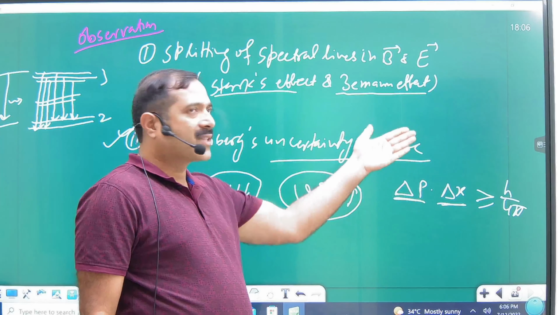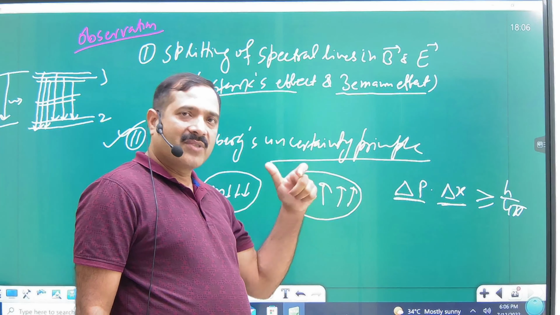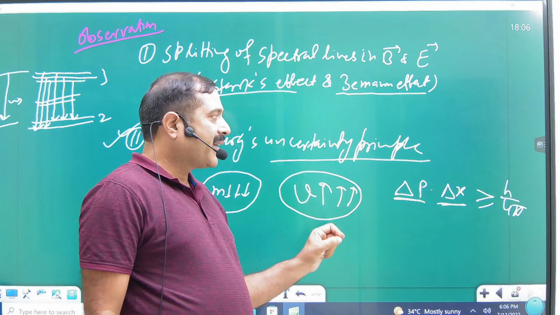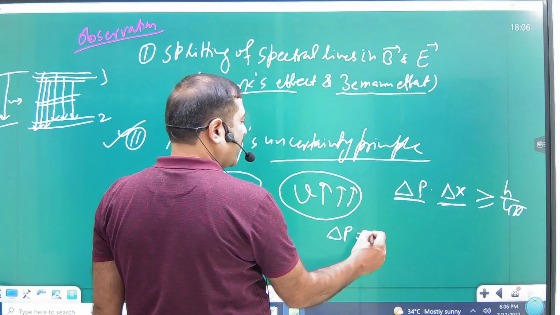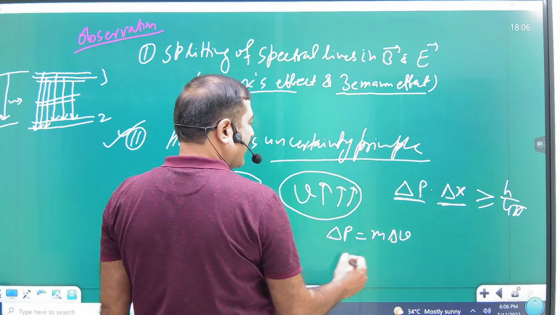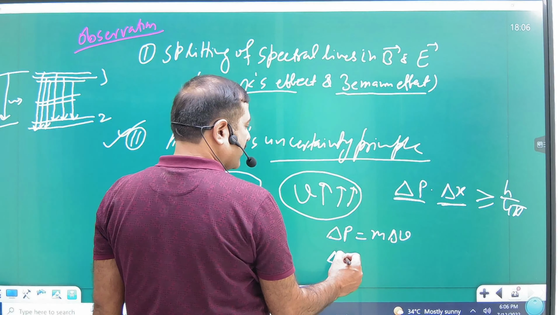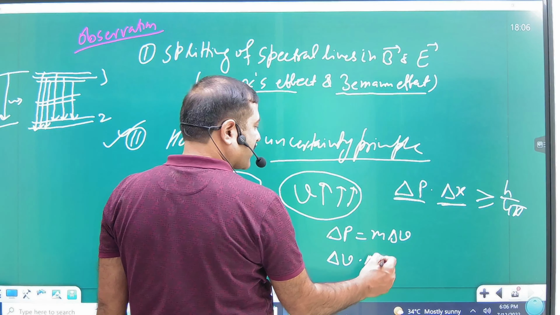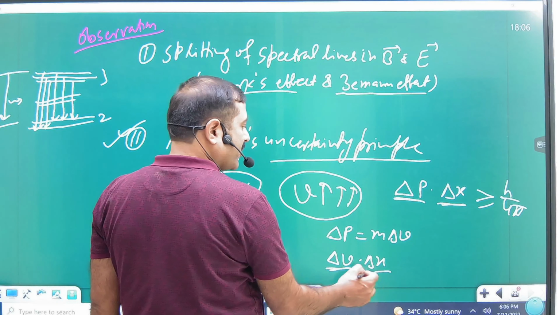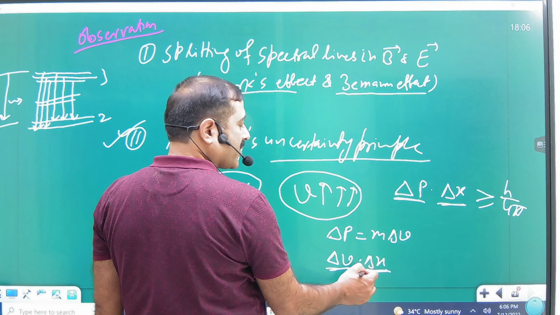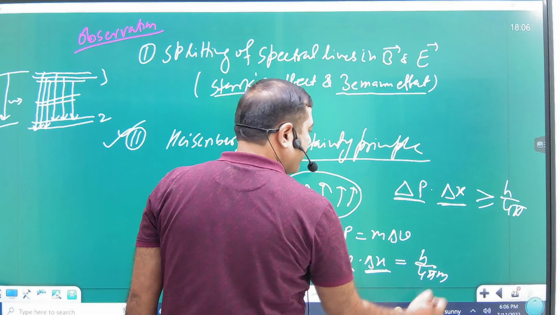Uncertainty may be more than that depending on observer error and apparatus error. So if delta P is change in momentum, that is m delta v, then delta v into delta x, uncertainty in velocity times uncertainty in position, is greater than or equal to h by 4 pi m.